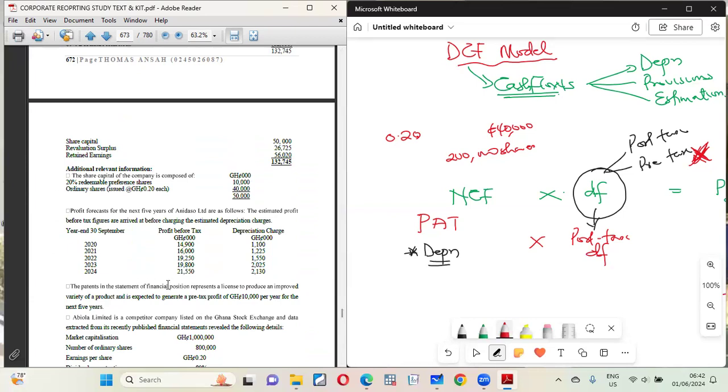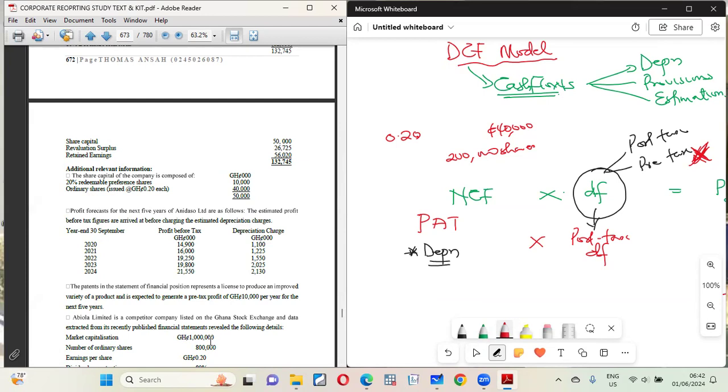The 10,000 represents a license. Find the present value of that. It's 5 years, so you apply the annuity factor. Once you find it, you add all your assets.